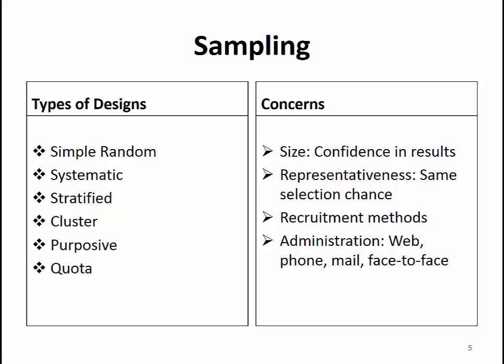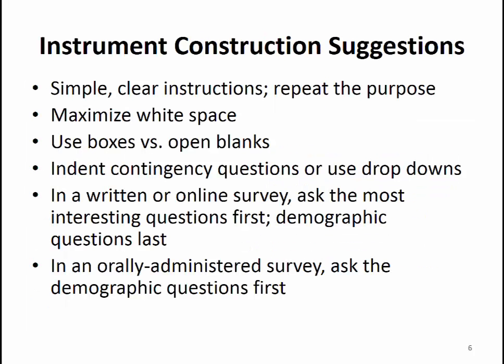All of the foregoing choices of survey purpose, study design, and sampling concerns also have implications on the nature and length of the survey. But regardless of those choices, there are a number of things to consider in constructing the actual survey instrument. The first set of suggestions concerns the overall design of the instrument.